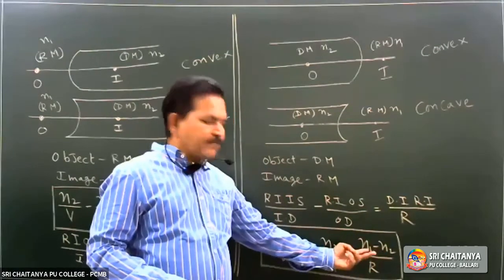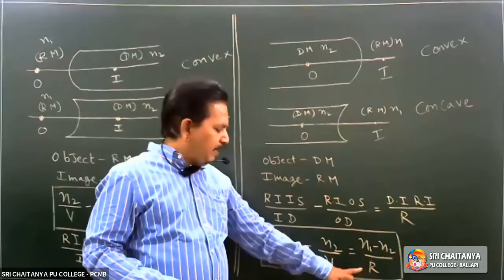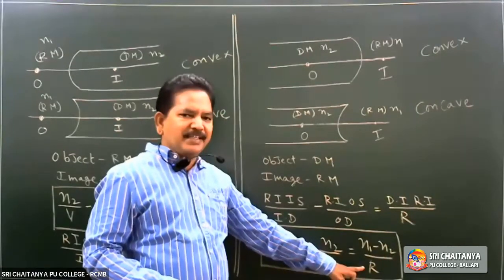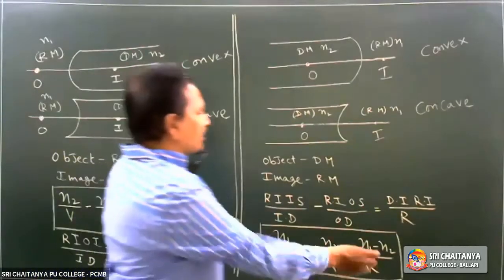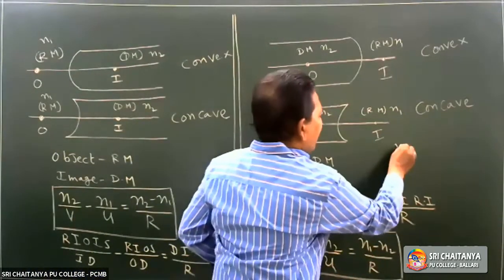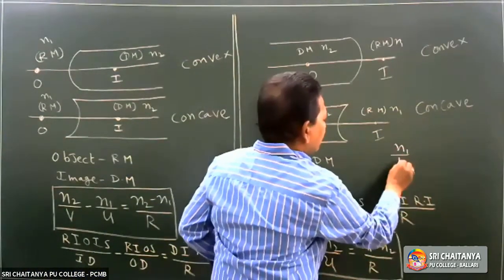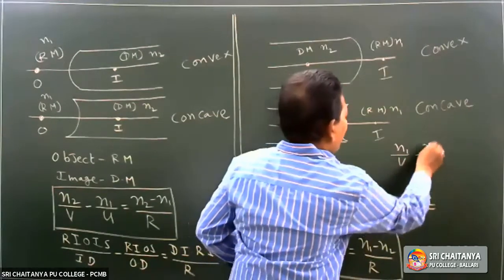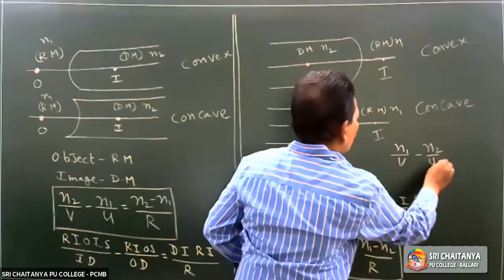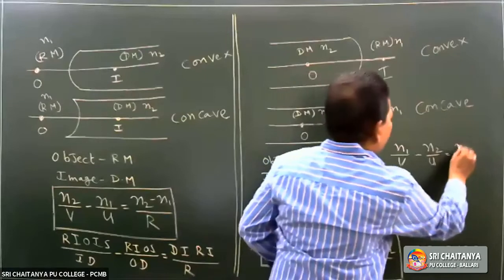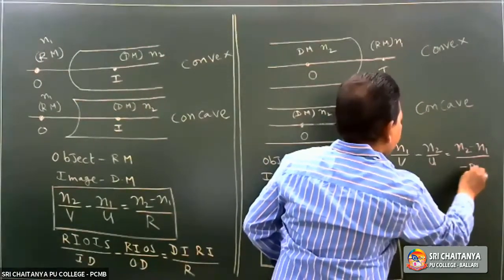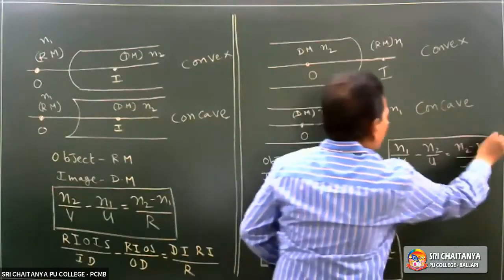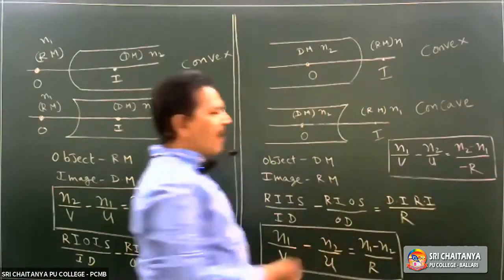If we reverse this one, N2 minus N1, we will get minus sign here. We can write this expression in this form also: N1 by V minus N2 by U is equal to N2 minus N1 by minus R. We can write in two forms.